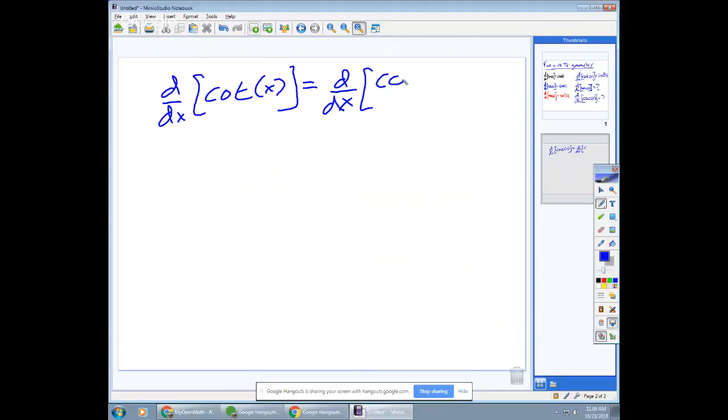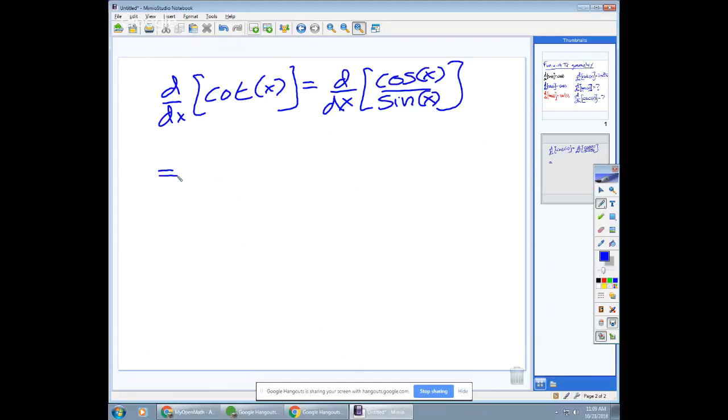Exactly, yeah, the cosine over the sine. Oh, sorry. A little slow. It's only Tuesday. So then I can use the quotient rule on this, right? So our low d high, less high d low over low low.